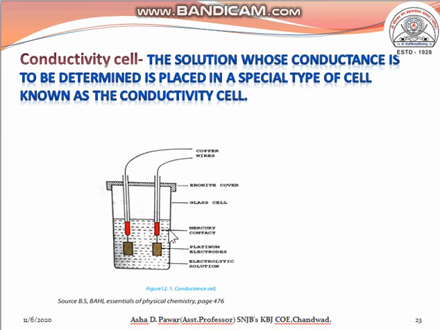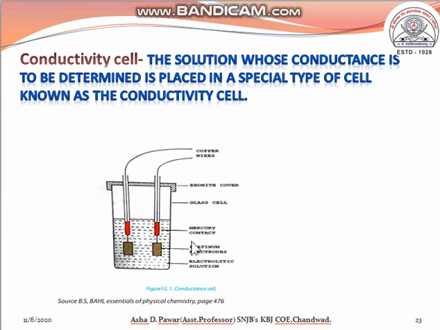So what is there in the conductivity cell? There are two electrodes, platinum electrodes, that dip directly in the solution, and for that solution we measure the conductance.